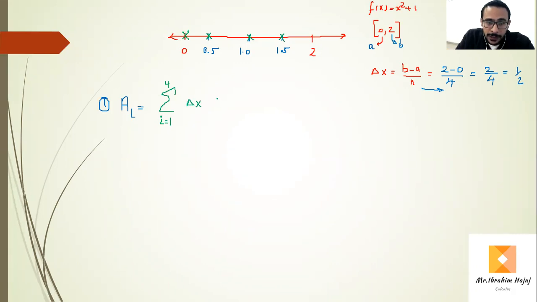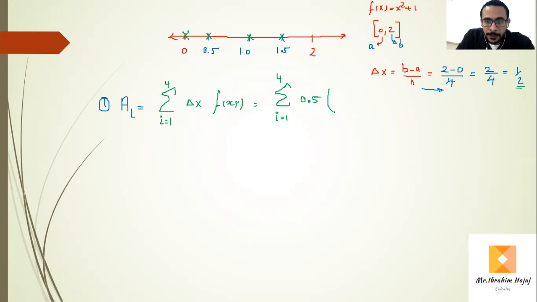Let's write the rule here. Delta x times f of xi is equal to, pay attention please, the summation, sigma i equals 1 to 4, delta x, which we already know is 0.5, times f of x.